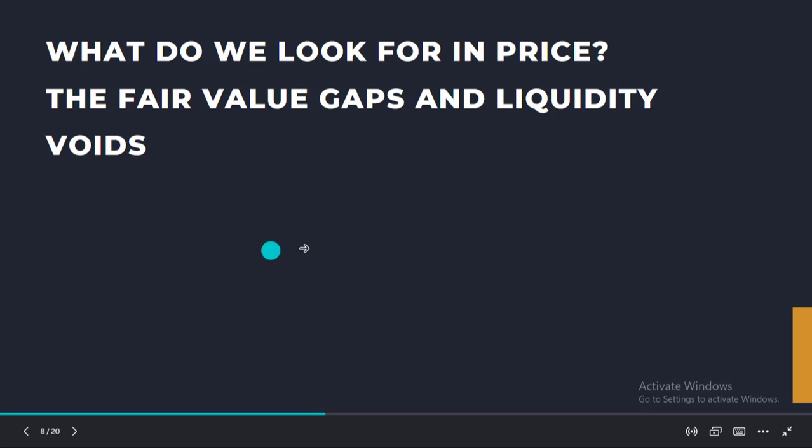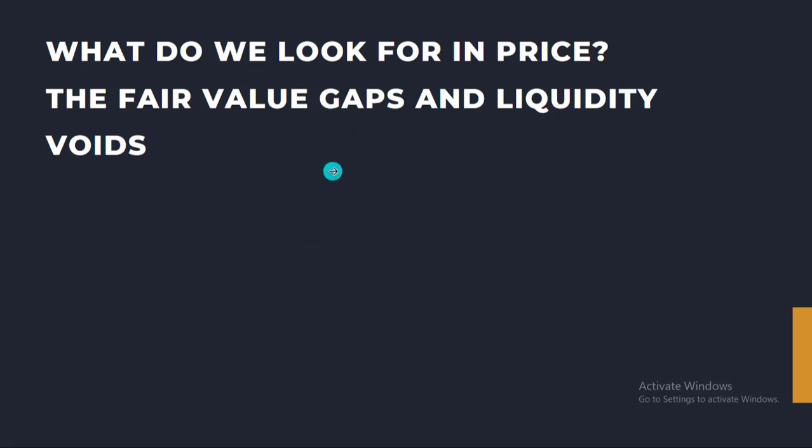We pay attention to liquidity voids and fair value gaps. The purpose of retracement is for fair valuation. For example, the market makers are willing to buy Bitcoin at levels worth $60,000, but you are not willing to sell at $60,000.